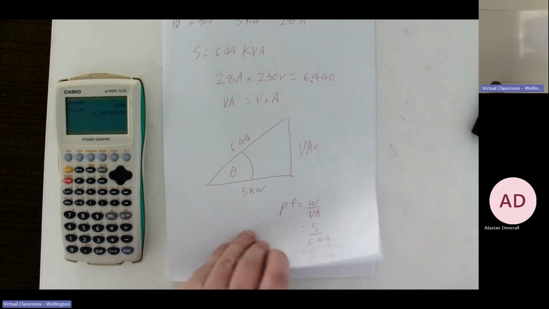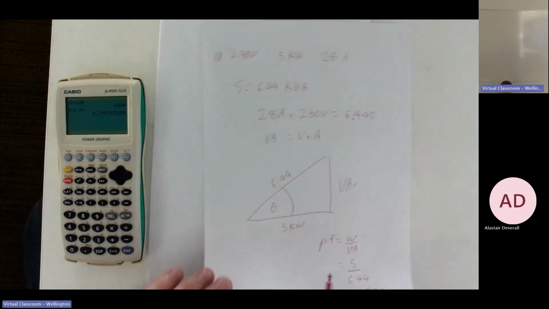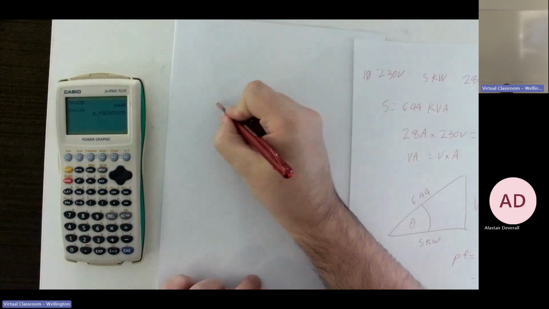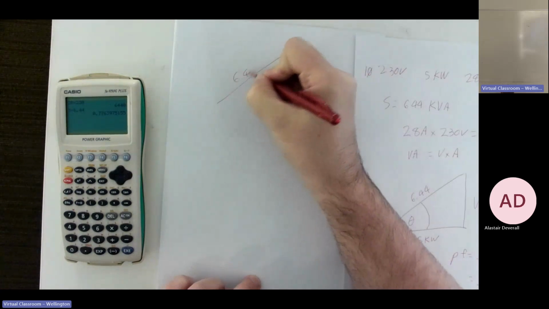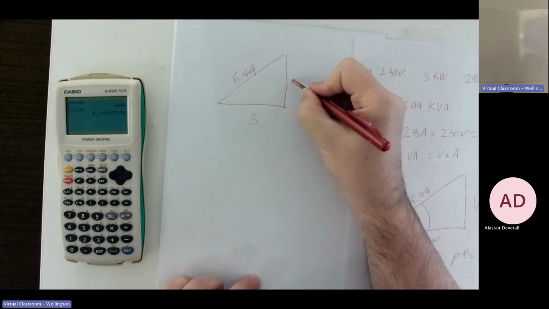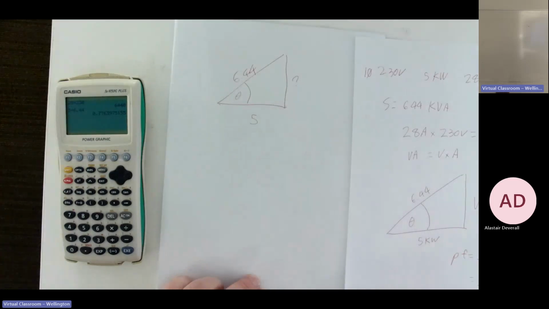So we now have our triangle for our power factor for part B. Next, they want to know the phase angle. So we've got our triangle once again, with 6.44, 5, unknown, and they want to know this angle here, which is theta.